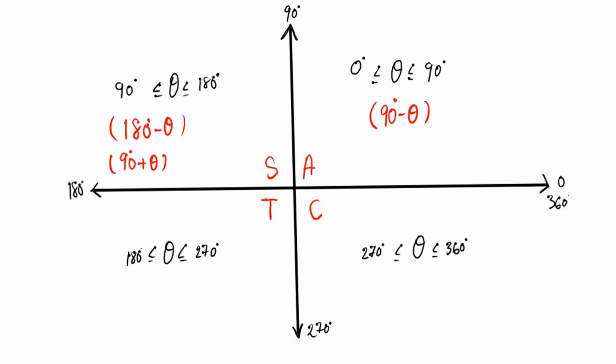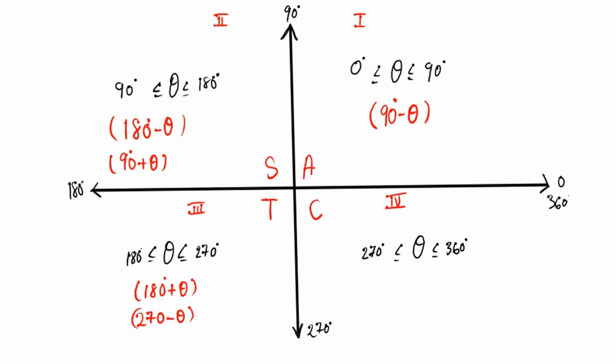Let's have a look at the third quadrant. Here you've got angles that are greater than 180 but less than 270, so this quadrant can also be called the 180 plus theta quadrant, or the 270 minus theta quadrant.